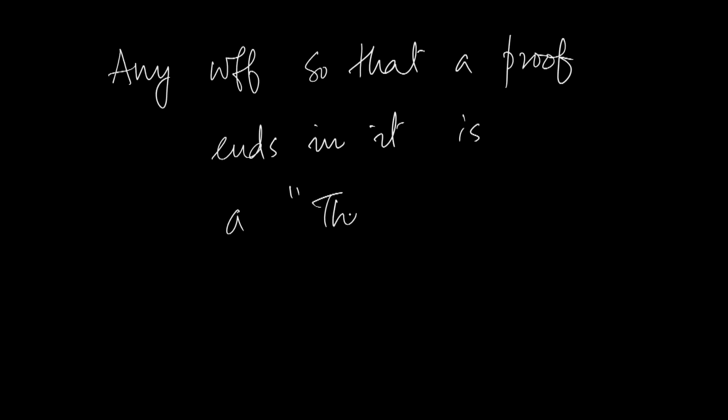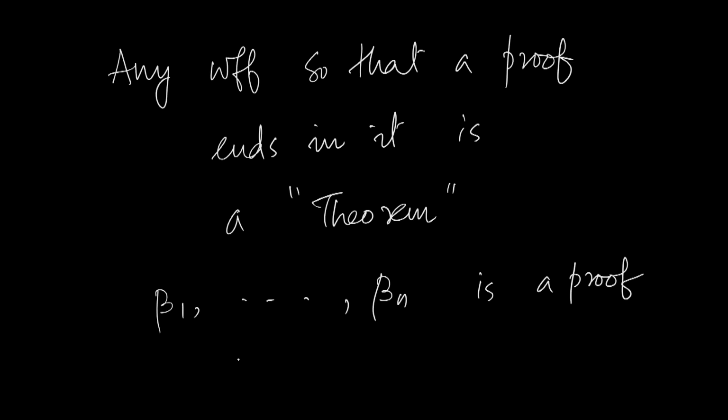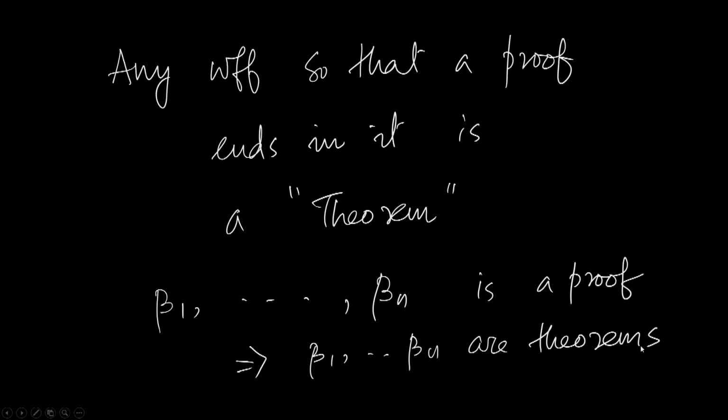Any statement in a proof, any well-formed formula so that a proof ends in it, is a theorem. So if beta 1 through beta n is a proof, then all of these statements, beta 1 through beta n, are theorems. That is because you can stop the proof at any point.